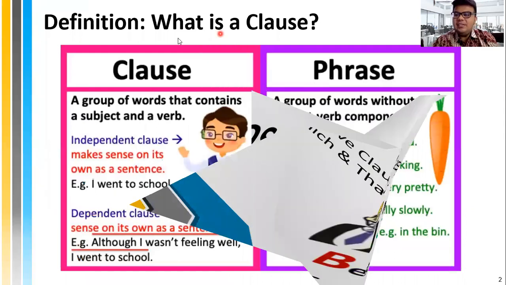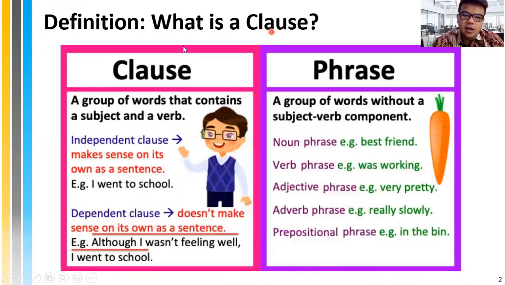So what is a clause? A clause is different from a phrase. A clause is a group of words that contains a subject and a verb. What about a phrase? There is no subject or verb. For example, noun phrase: best friend; verb phrase: was working.